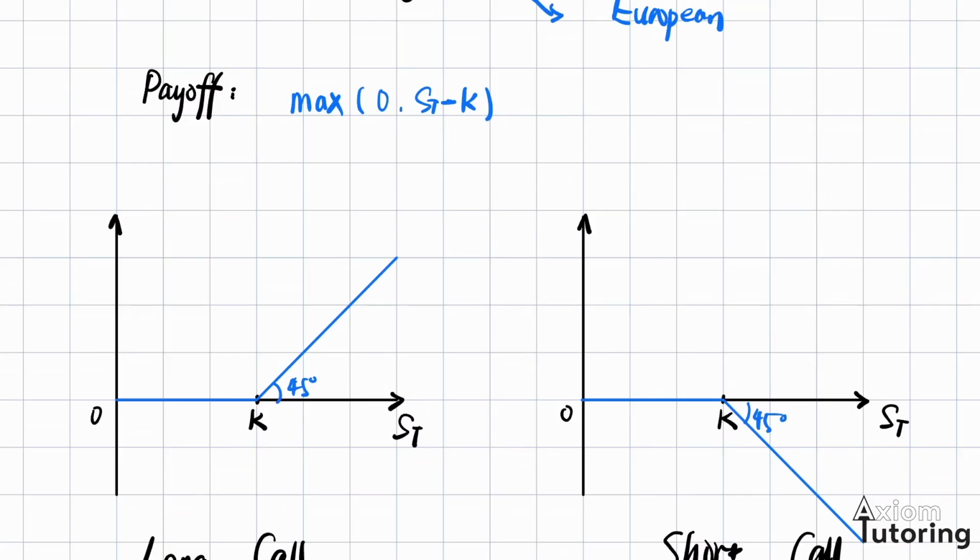But for the options, because we're given the option and the right to exercise it or not, we can sort of cap our losses here at 0. Okay, so this will be the payoff for a long position, and if it's a short position, then you can just put a minus sign before this, the minus of this, ST minus K.